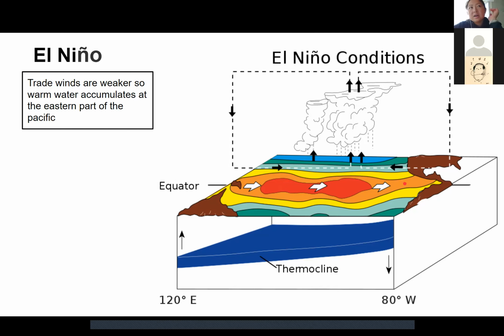Yeah, I'm not sure what the video said because I don't watch all of their videos, but I think that probably what they're saying is that there's more nutrient upwelling on this side than a normal year. So I don't know if they're saying that there's actually more nutrients on the Australia side than there is on the Americas side, but I think in reality it's just that there's more than a normal year.